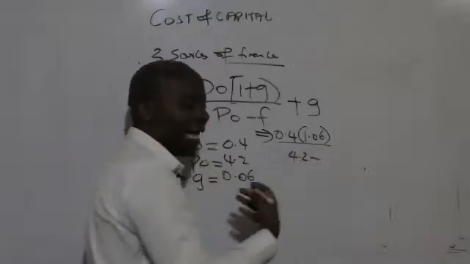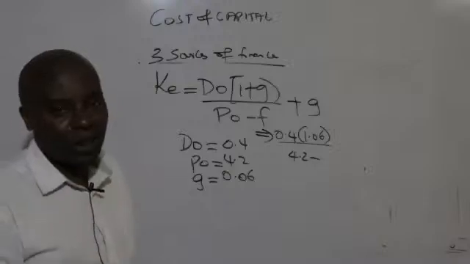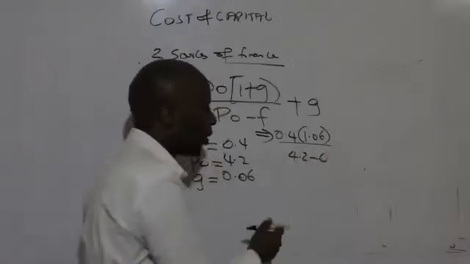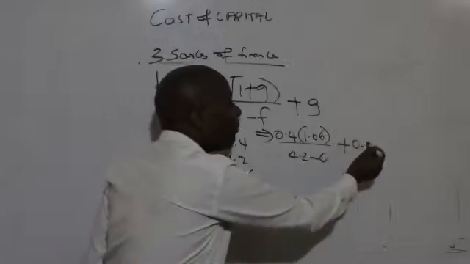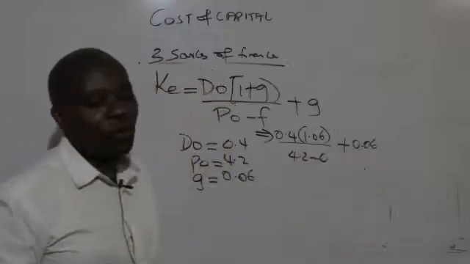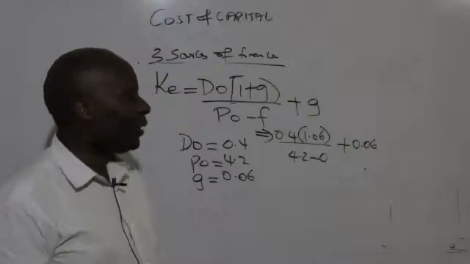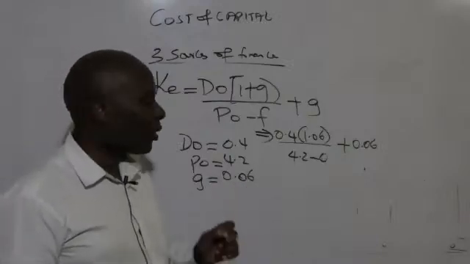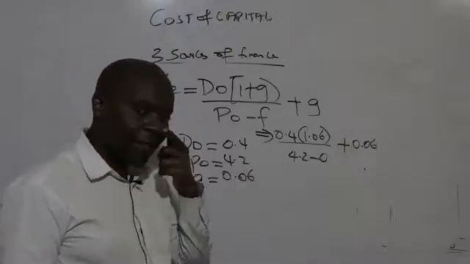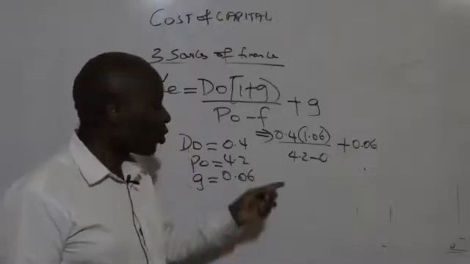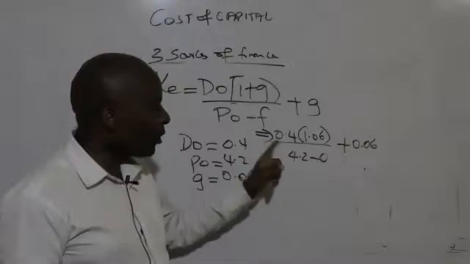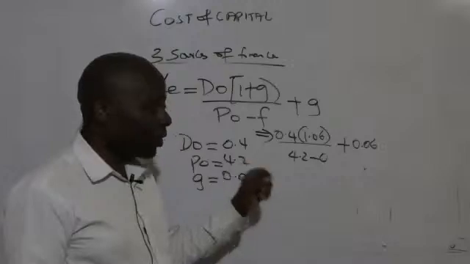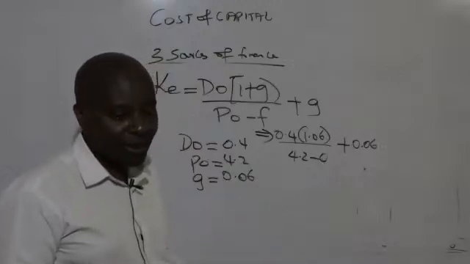We don't need any money to float our shares, nothing for marketing our shares, so the flotation cost there is 0, plus the growth rate, which is 0.06. You have to be careful here: 0.4 times 1.06 divided by 4.2, plus 0.06. Please give us an answer here.